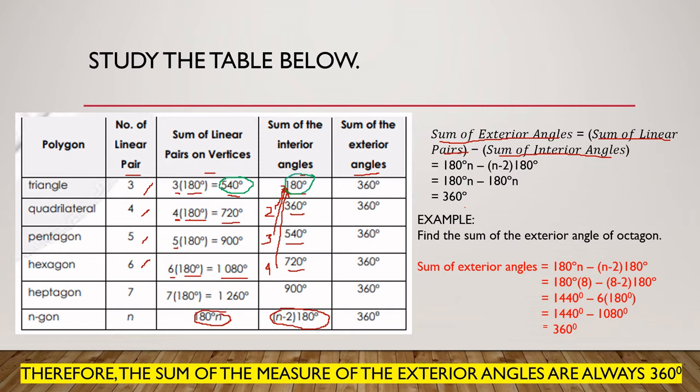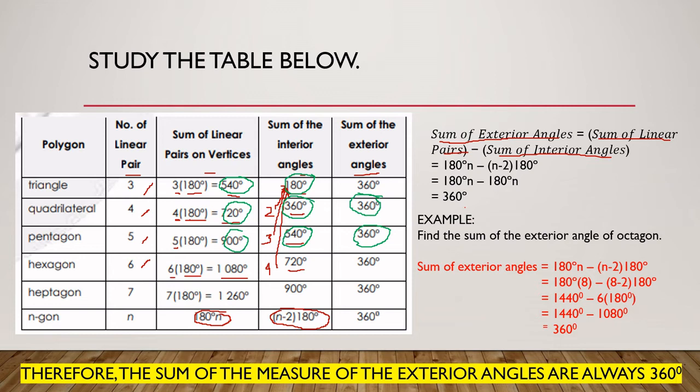So, you subtract, and we have 360 degrees. In a quadrilateral, we have 720 degrees, then the sum of the interior is 360 degrees, subtract, we have 360 degrees. For pentagon, we have 900 degrees minus 540 degrees equals 360 degrees, and so on and so forth.